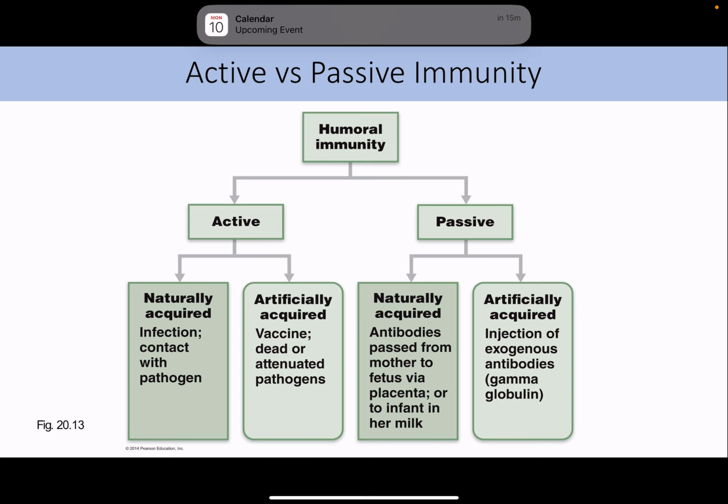Some people are given antibody cocktails for certain infections and illnesses, and that would be artificially acquired. So passive immunity is when you don't make the antibodies yourself. They are naturally acquired if they were passed on from mother to fetus or mother to infant, and artificially acquired if you're given an injection of antibodies. Everyone understand these categories? Okay.